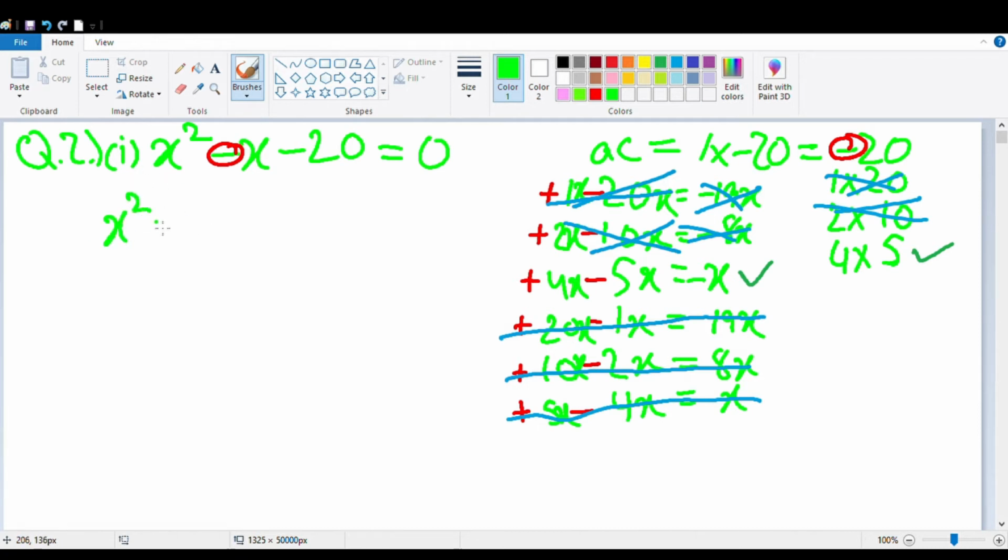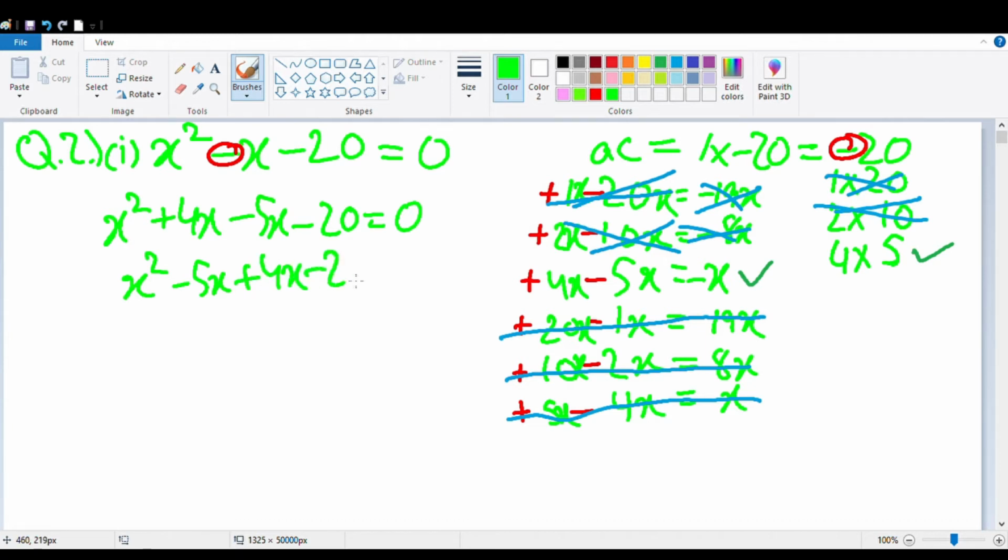So x squared plus 4x minus 5x minus 20 is equal to 0. Now we can even write x squared minus 5x plus 4x minus 20 is equal to 0, but it's not necessary. There's no difference, so let's just keep with our other way.